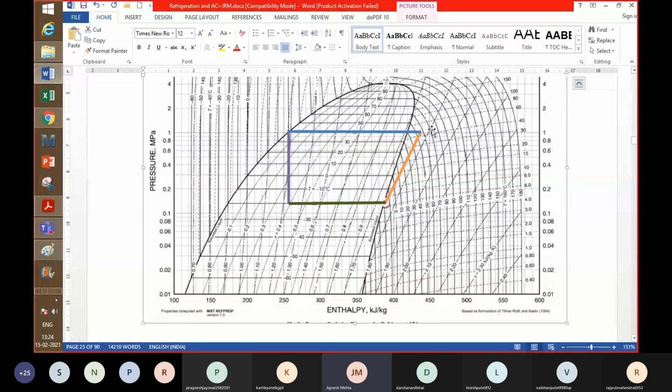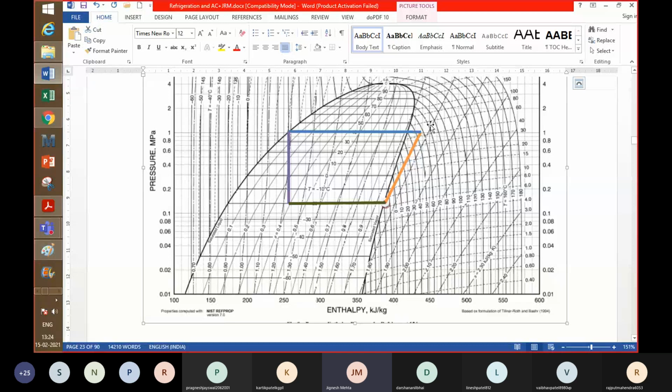It means that the process is also not perfectly isentropic, right? Such observations you can write in the conclusion. In addition to your COP number, you can write critical observations in the conclusions, right?